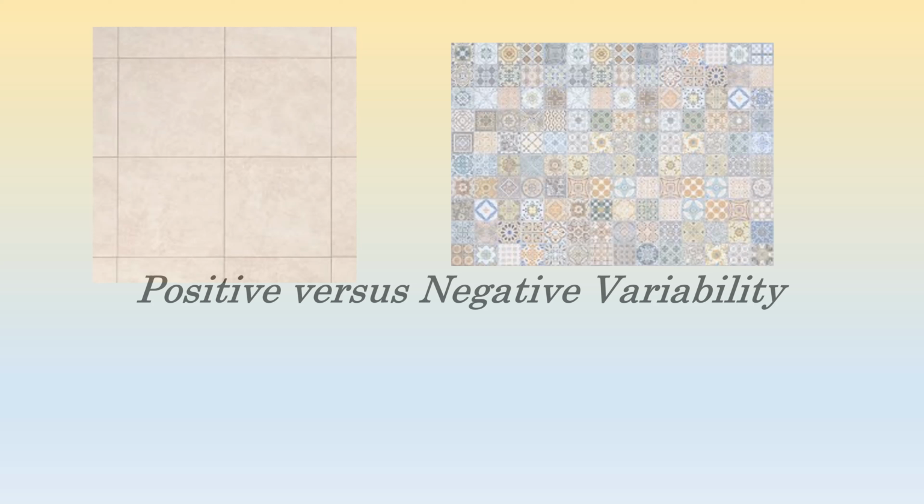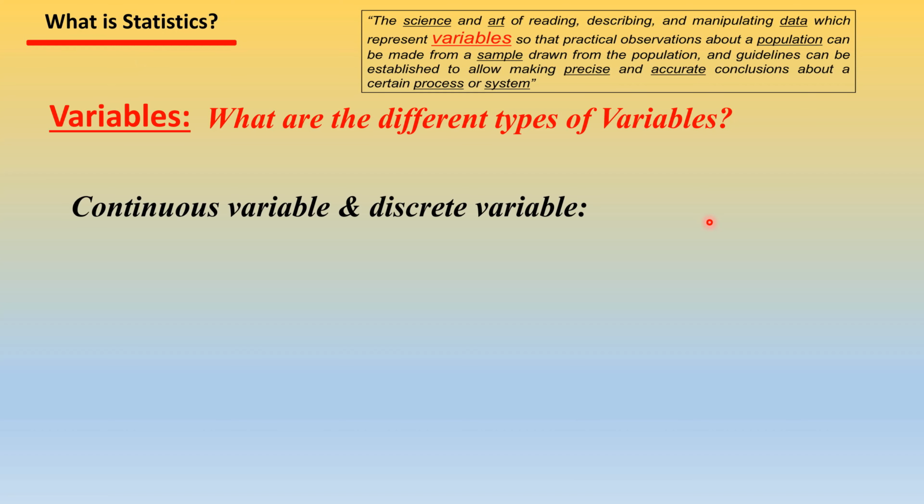So if you're providing a service, if you're producing a product, you would like variability to be minimal. That is because a change in what you produce, a change in your service will imply negative variability. That is the negative aspect of variability.